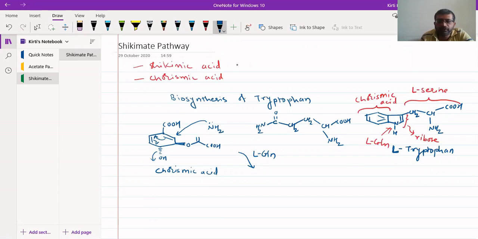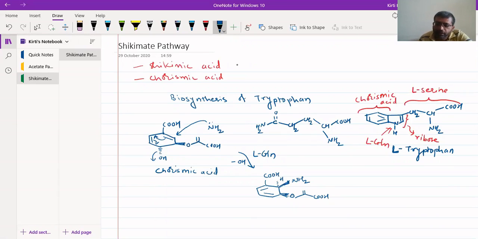Here we will have COOH, NH2, a dotted hydrogen, and this group. Here there is a loss of OH group and a gain of amine.